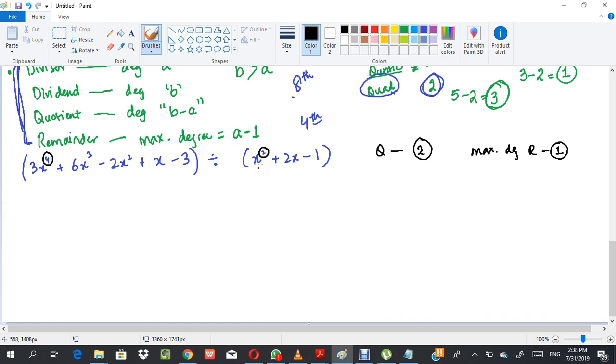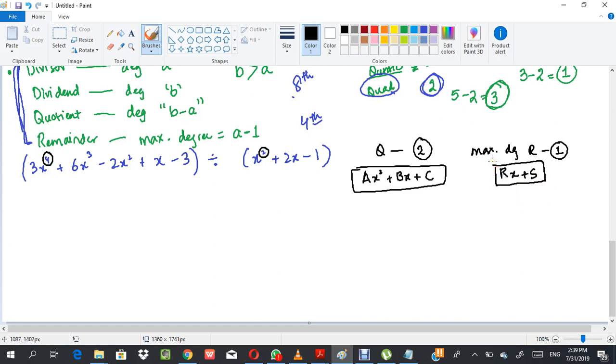So a general expression for a quotient can be ax square plus bx plus c, since we are going to get a second degree polynomial, and this is the general form of any second degree polynomial. And since we are going to get a linear remainder at max, we can say that the general expression for this can be rx plus s. This is the remainder.